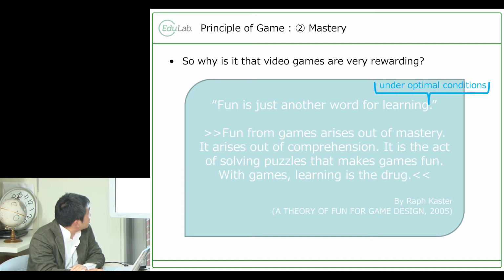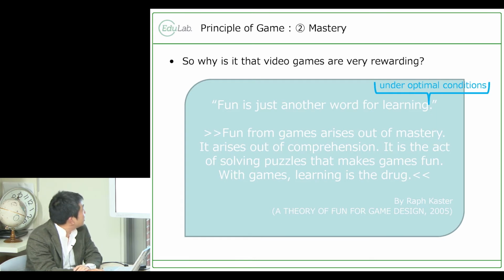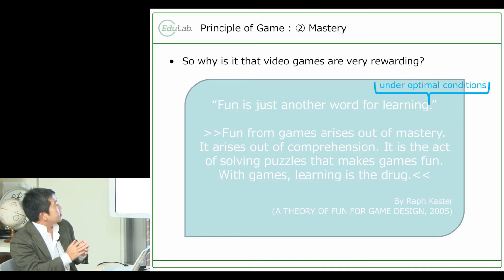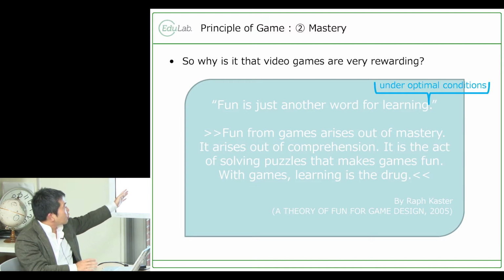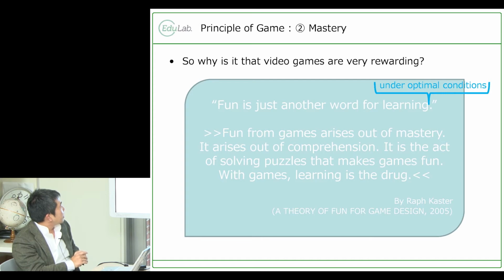So under optimal conditions, first, we need to have a challenge and it needs to be interesting. Let's say this is a golf, right? There's a goal and there's a rule. And the goal is just to put this little ball into this hole. And it's not interesting.